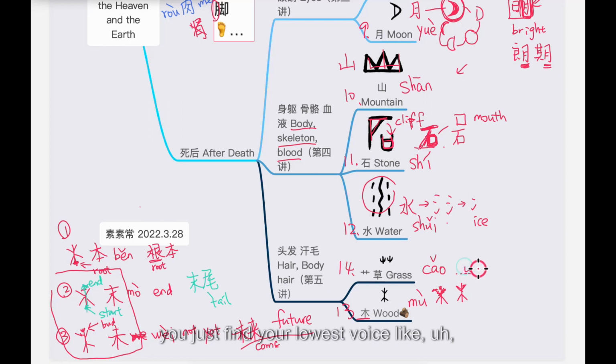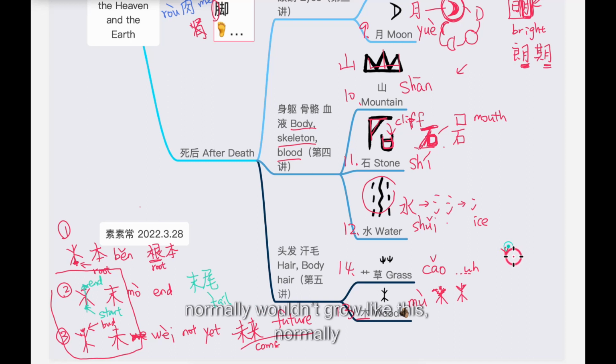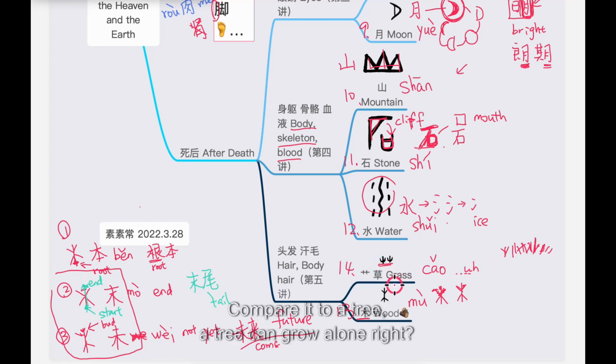Like cao, cao, cao. Okay. Cao normally won't grow alone. You normally won't see only one grass growing. You will see several of them growing together, right? And this is how we created this character, cao.